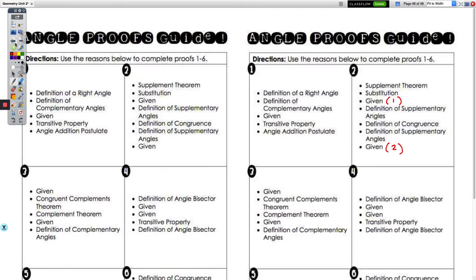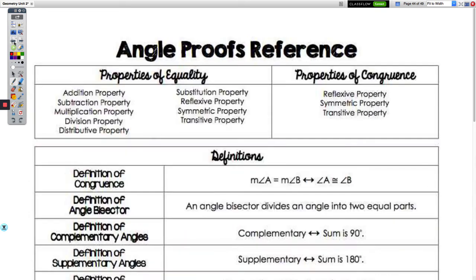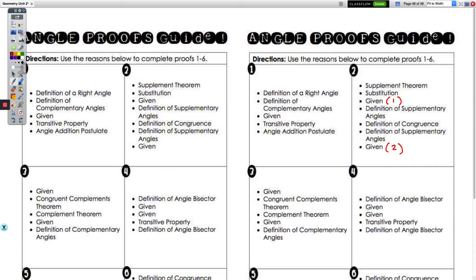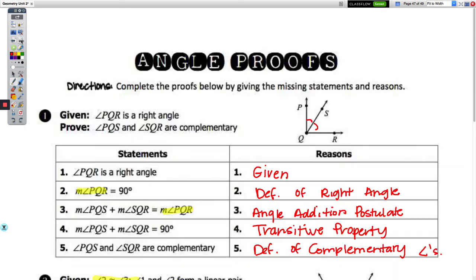If you go back to the references page, the definition of angle bisector says an angle bisector divides an angle into two equal parts. Equal being the key word there. We actually even talked about that in Unit 1 as well.